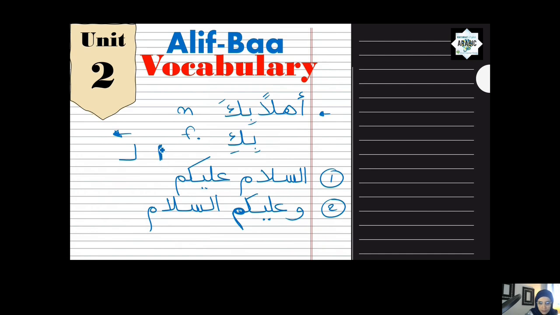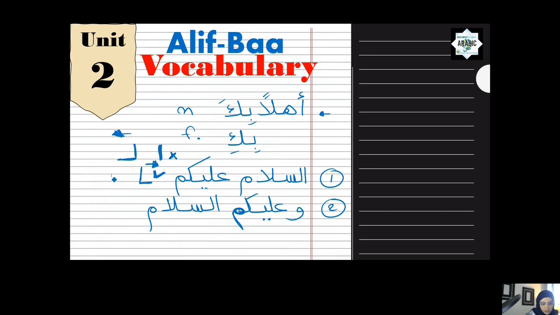Alif never connects at the beginning. But if it's in the middle, it does connect to what comes before. Lam connects to the left side. Alif connects to the right side if it's in the middle of the word.